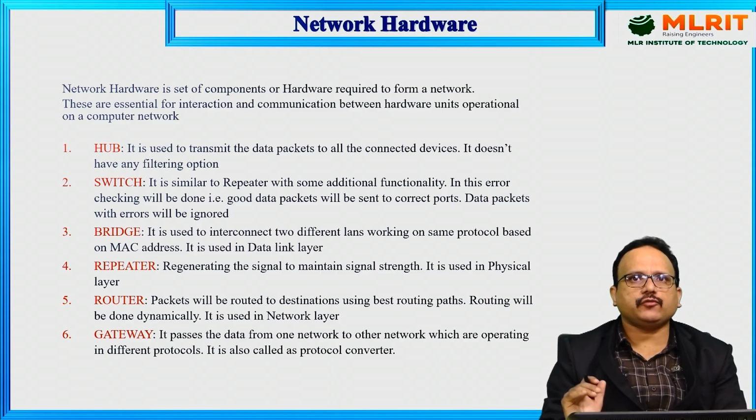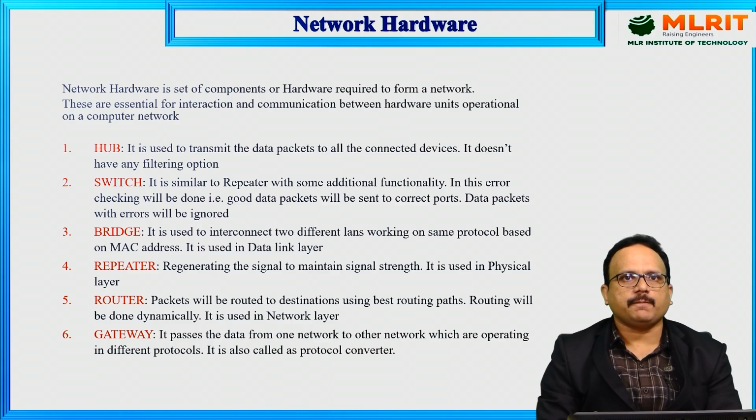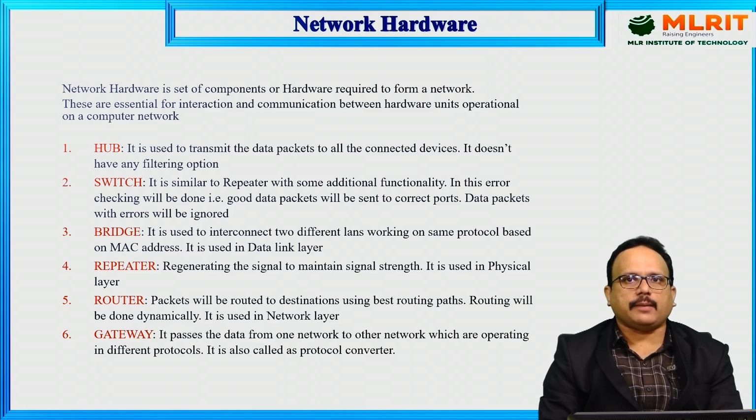For what purpose are we using these communicating components? These are essential for interaction and communication between hardware units operational on a computer network. If you want to facilitate the communication between any two physically existing components, these components are required for interaction among those hardware devices.